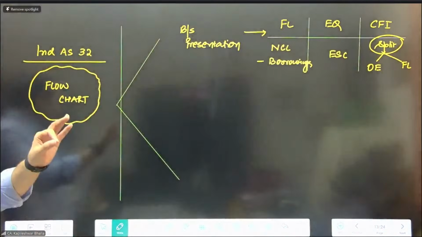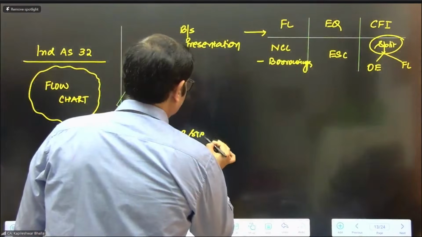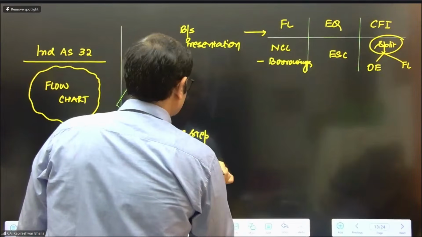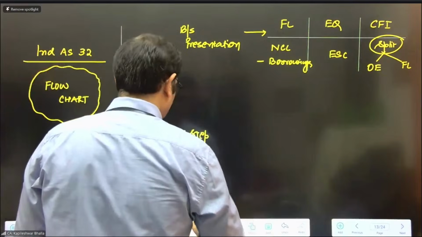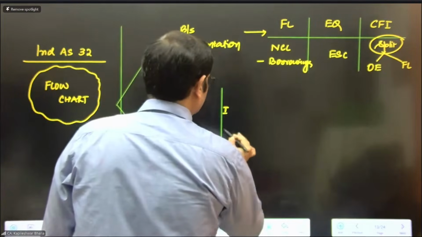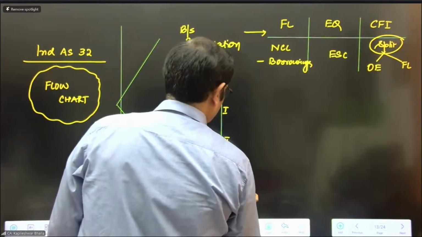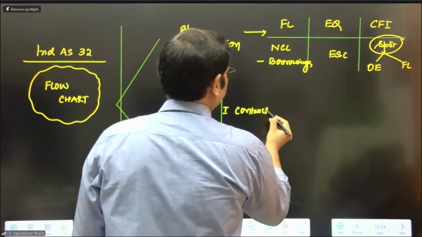The second agenda which needs to be very clear is the three-step model, where we've got certain focus points. Focus point one is the contractual obligation.